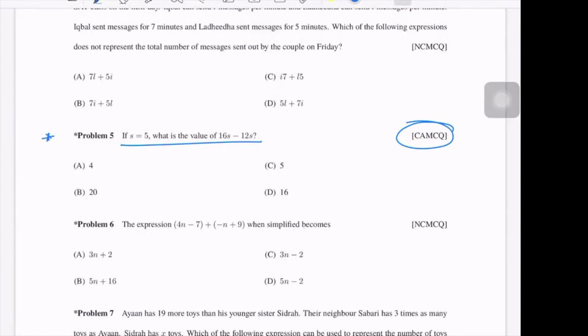And secondly, when you substitute s, first simplify the expression, then substitute. We already discussed a similar question in the previous class. You have to first simplify this expression. There are two like terms. 16s minus 12s is going to be 4s. So the answer is 20.